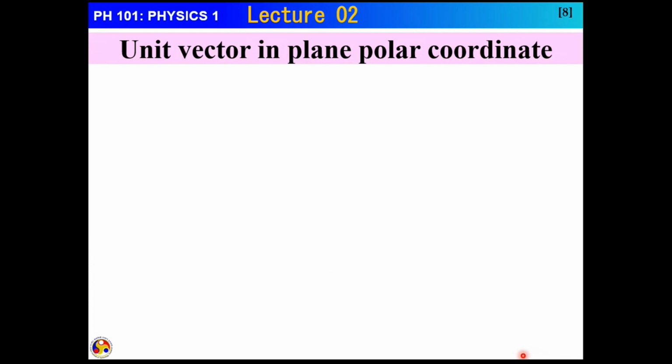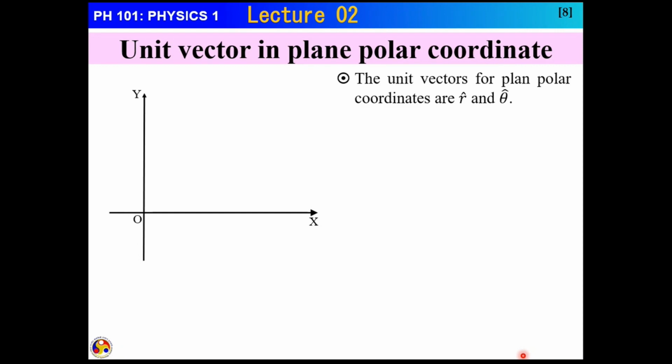So unit vectors in plane polar coordinate system. Now here is a bit of a puzzle. Okay. Well, this is our Cartesian coordinate system. In the plane polar coordinate system, we define the two unit vectors r cap and theta cap corresponding to the coordinates r and theta.